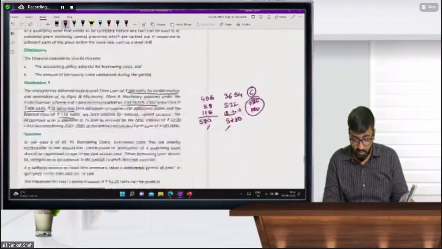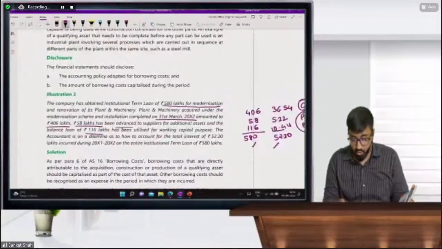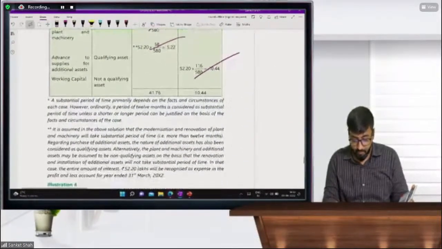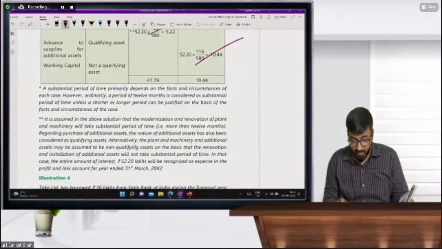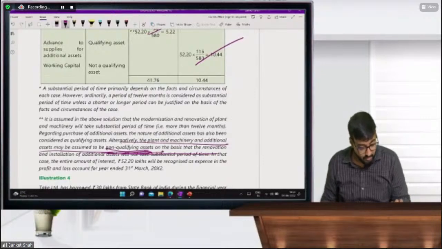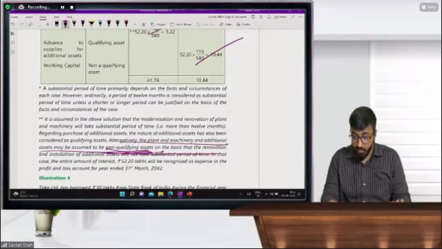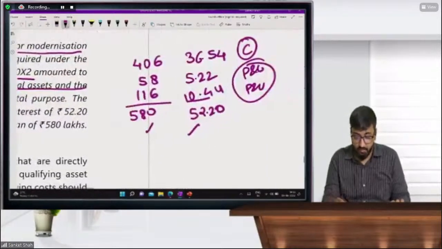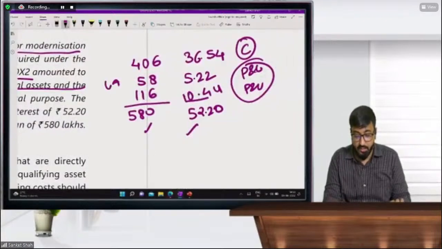Now here, advance to supplier for additional assets might be considered as non-qualifying assets. So there are two options. Either you treat it as qualifying assets, this second one, or you may treat it as non-qualifying assets.